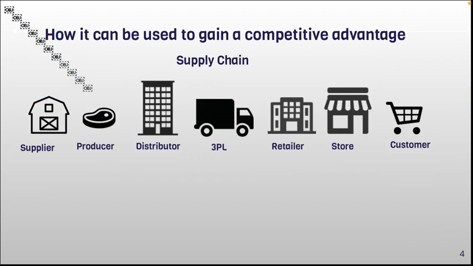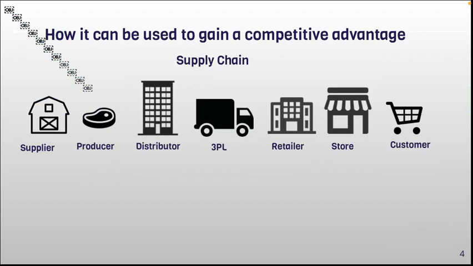and then the producer is the place where the food is prepared. We can say a meat factory, and then they do the food preparation, they make the cuts, and they have everything registered using barcodes or QR codes.